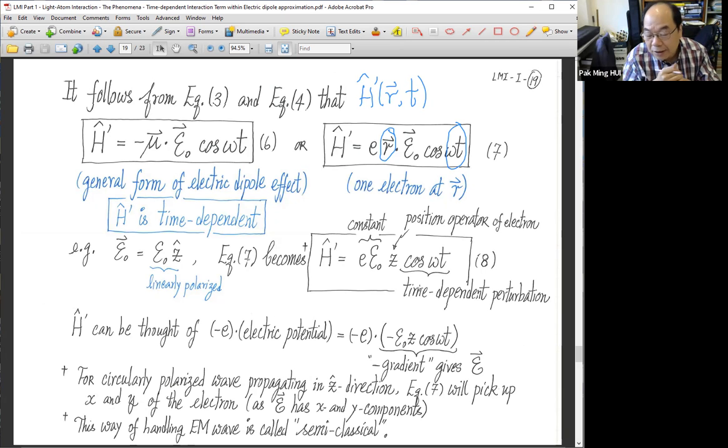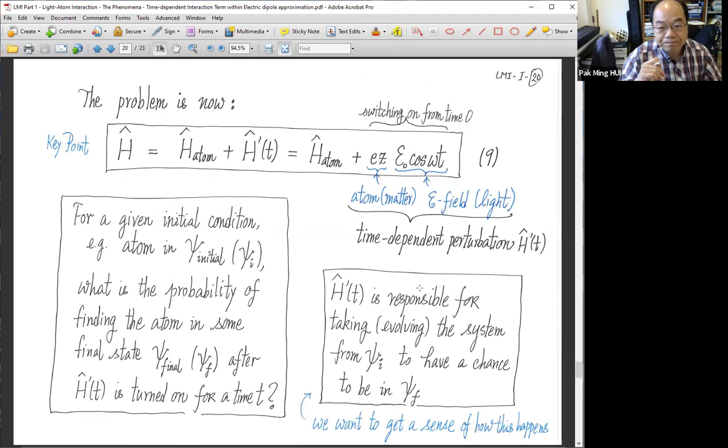By semi-classical, we mean the following. For the atom and the interaction calculation, we use quantum mechanics. But in describing light, we are using classical EM theory, cosine omega t, okay? So we are setting up the stage.